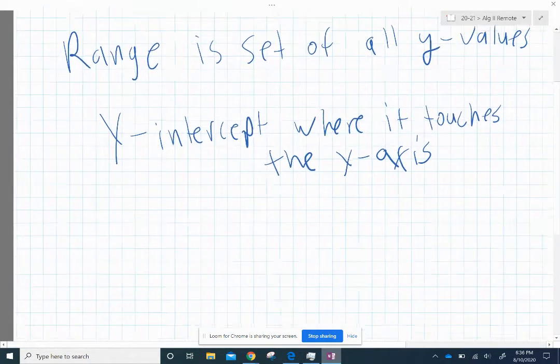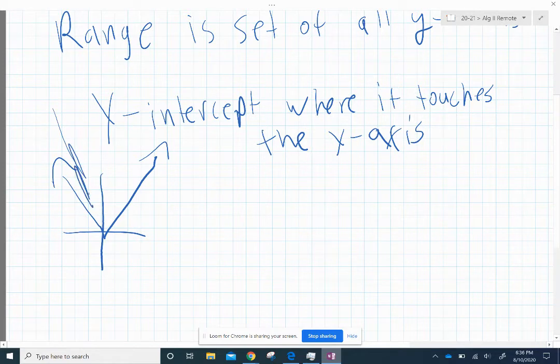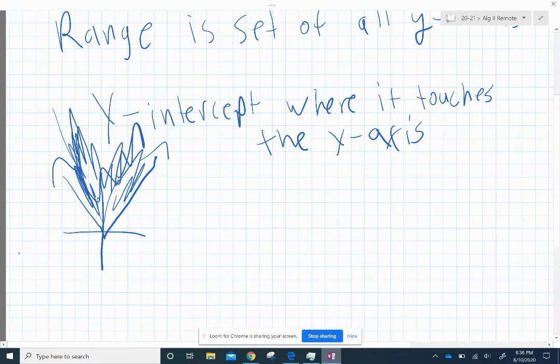So to show an example, here's our V. If we were to shade it in for what all the y values can be, it only goes up. There are no values below it that work. So it's all the y values that are above it. So y is greater than or equal to 0.